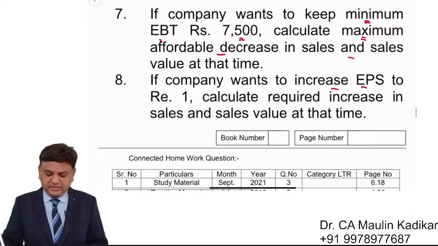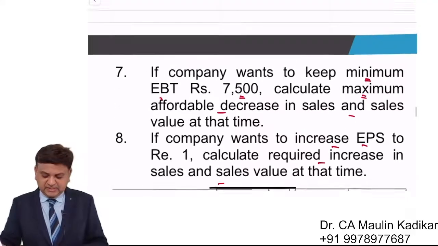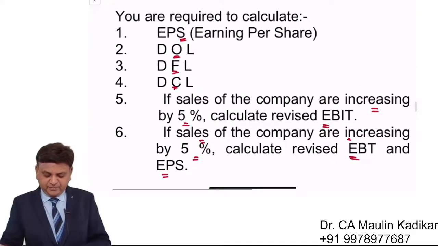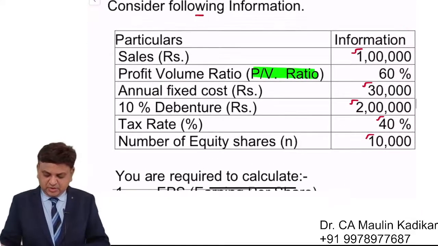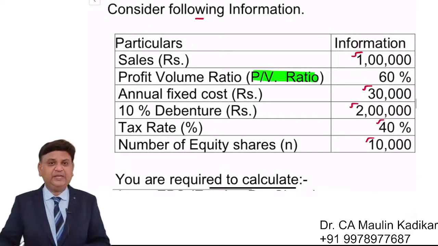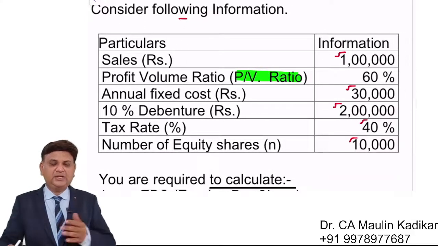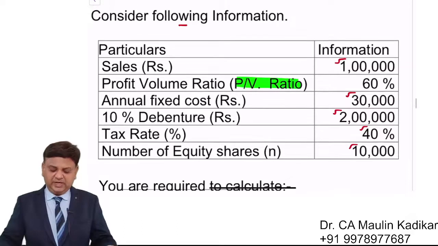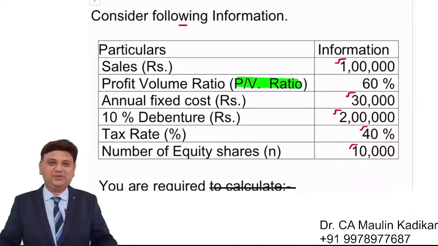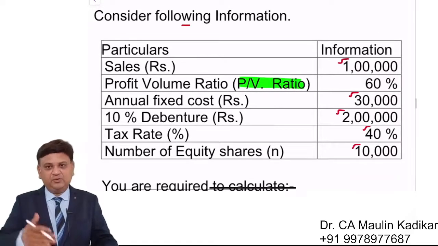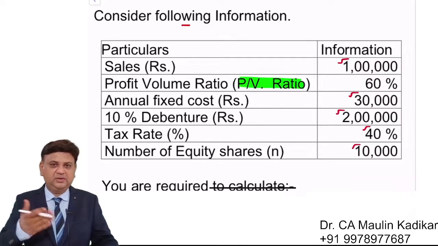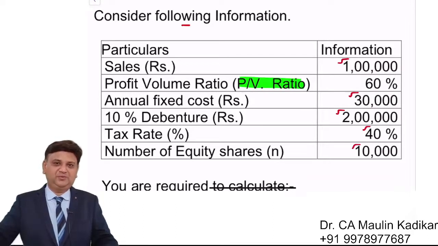Company wants to increase the EPS to rupee 1: find the required increase in the sales and the value of sales. So these are the questions. The first question is the simple EPS calculation. Then the 3 leverages, and based on that a few questions are required to be answered. Try to do all the questions one by one on your own, and then I will do the answers for you.